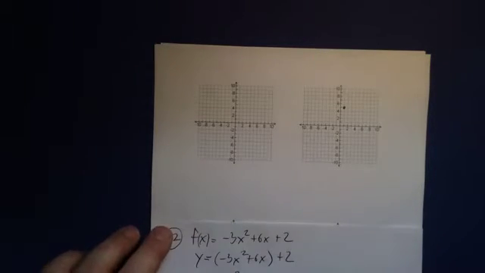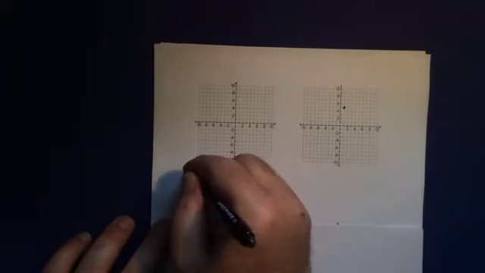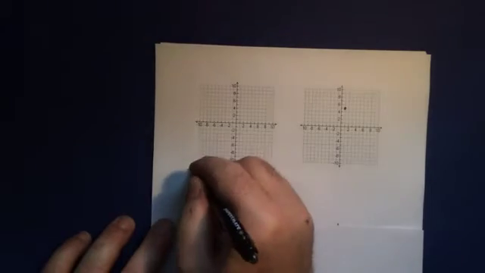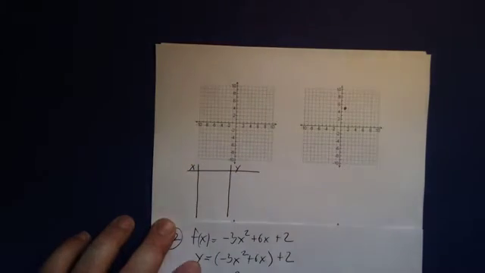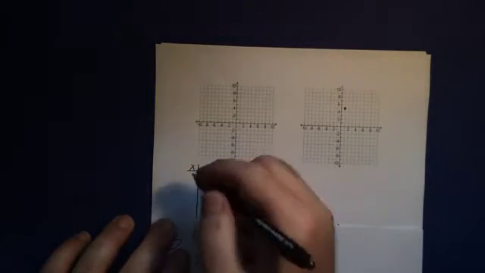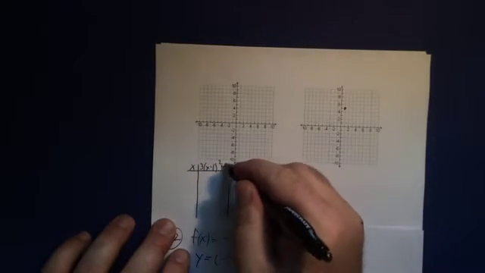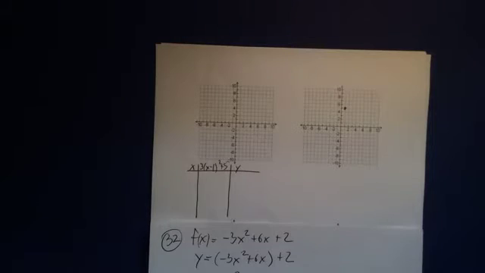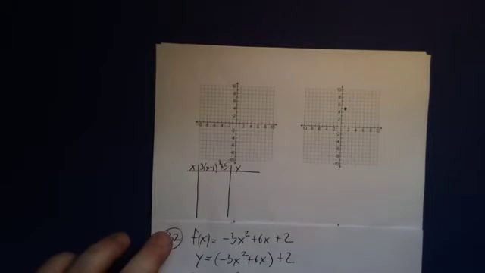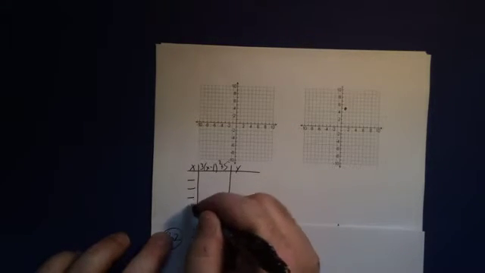So x, y, then we have 3 times x minus 1 squared plus 5. I'm not going to fill all this in. You should know how to do this already from the previous lesson. I just want to generate the x values so you're comfortable with that.